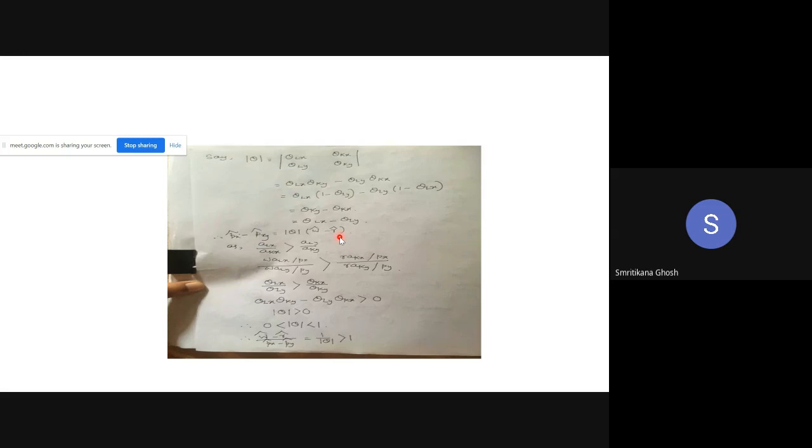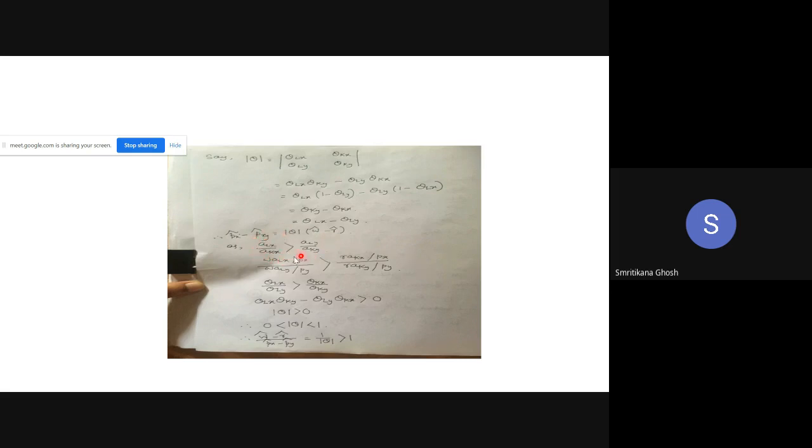This is the definition of intensity. Now, if X is more labor intensive, that means ALX by AKX is greater than ALY by AKY, right? This is why, because we assume that X is labor intensive, this inequality is true.